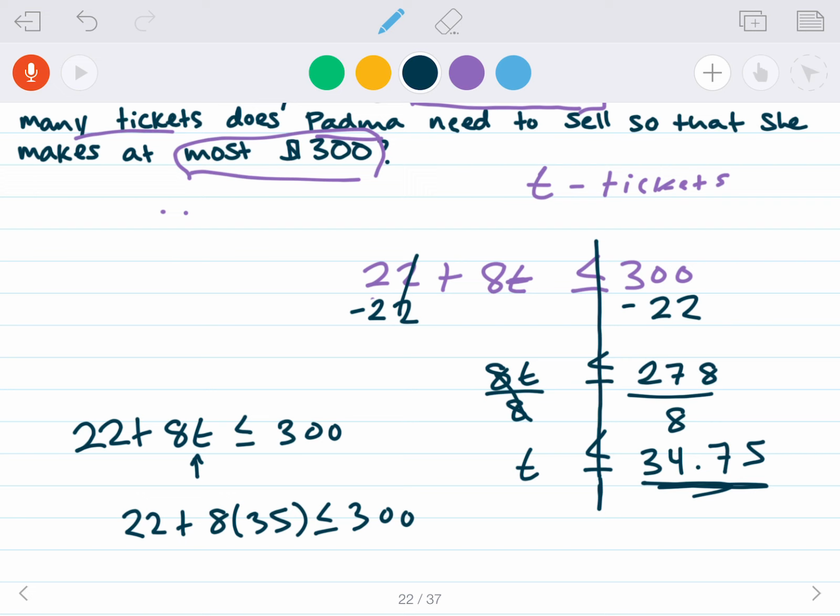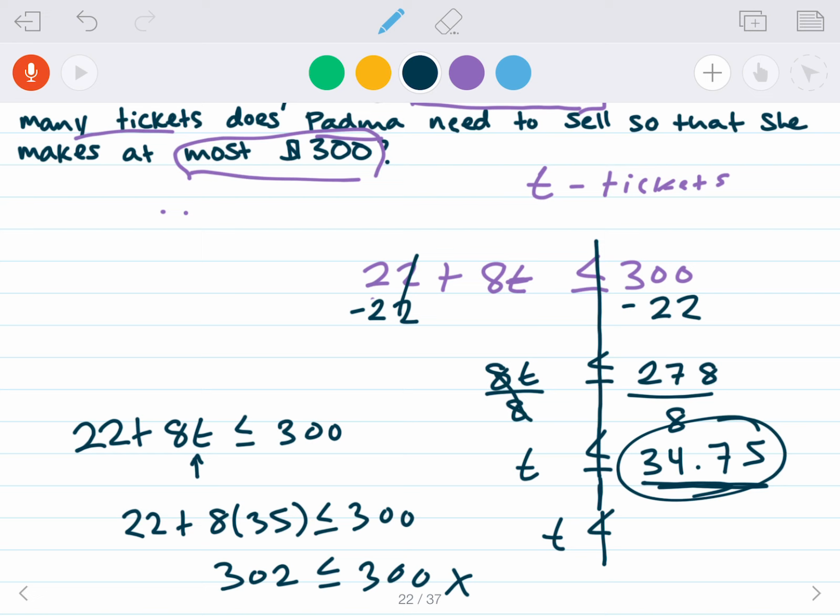Let's see. No, we get 302 is less than or equal to 300. So that's not true. That's why we have to round down to 34. We can't have a fraction of a ticket, right? That doesn't make sense. So our answer here is going to be t is less than or equal to 34.